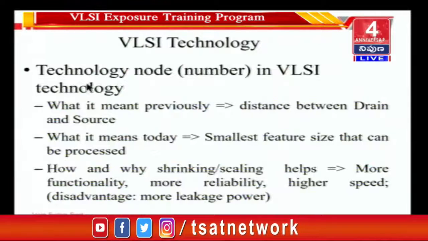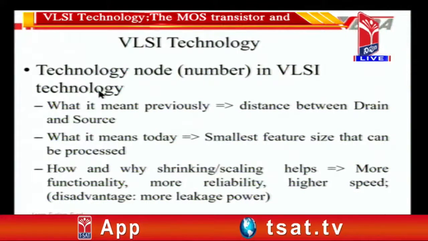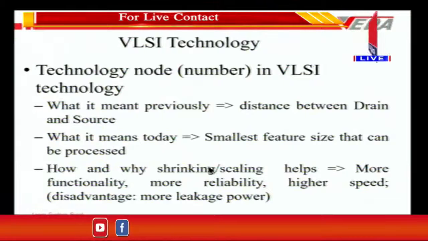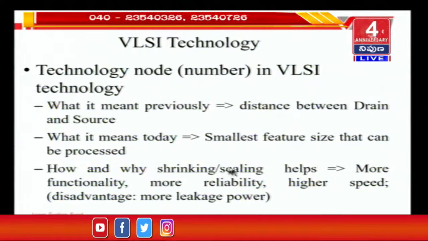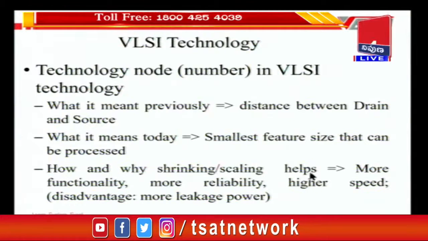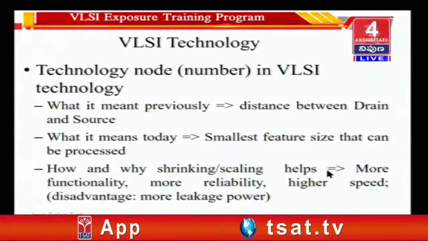Then technology is steadily advancing. What do you mean by advancing technology? Advancing technology means a shrinking size of the transistor. Shrinking or scaling. How does it help? It helps because it provides the capability of having more transistors on a particular silicon area.